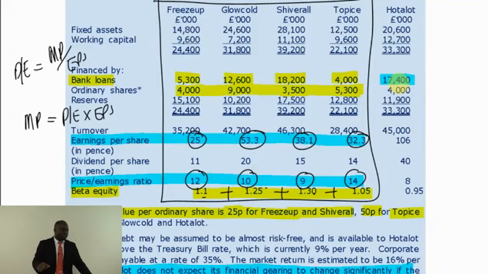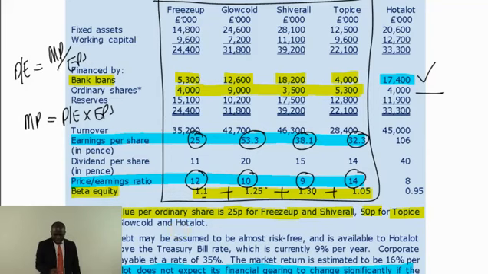So if I have got that, then I would have to re-gear. And to re-gear, I re-gear in relation to my debt equity proportion. My debt is 17,400. What will be my equity? Same way, equity should be number of shares multiplied by market price.